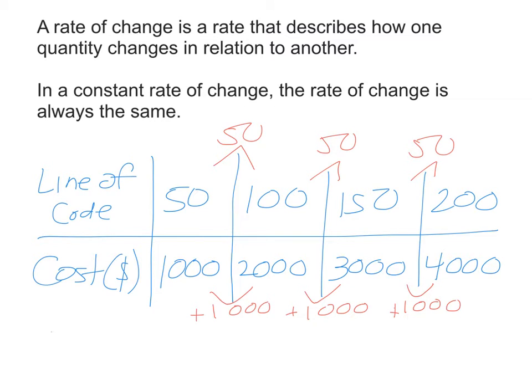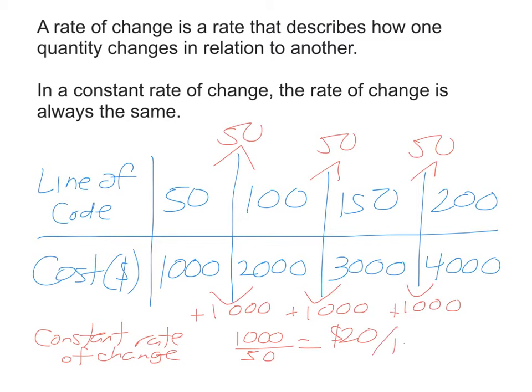So my constant rate of change works out to be $1,000 for every 50 lines of code. Well, that reduces down to $20 per line of code. And that is my constant rate of change.